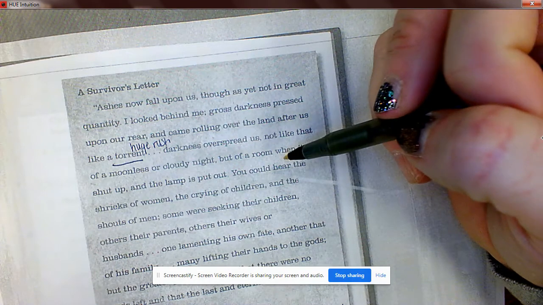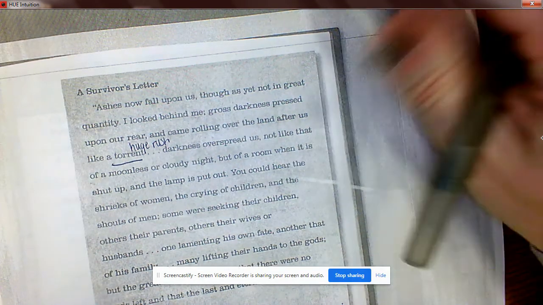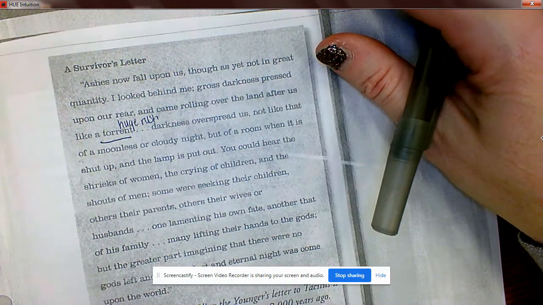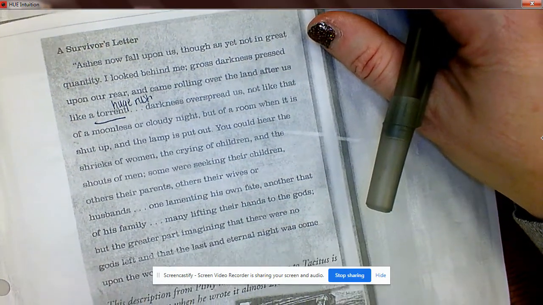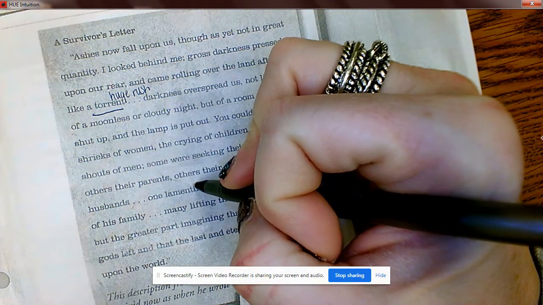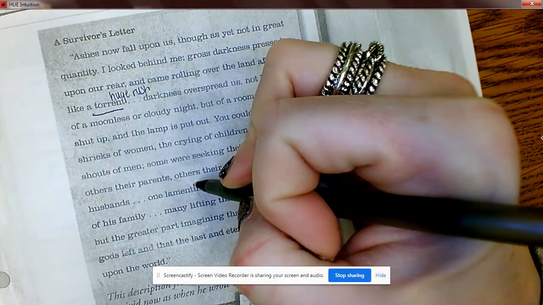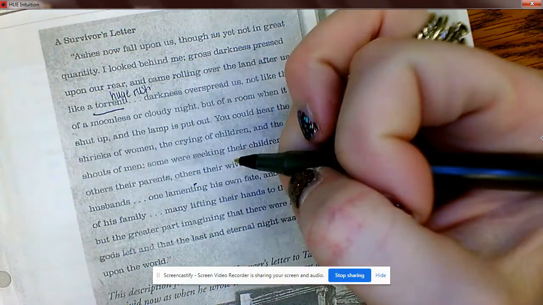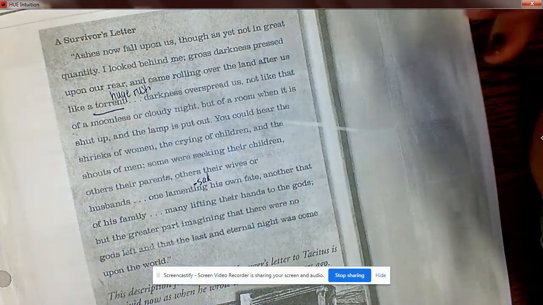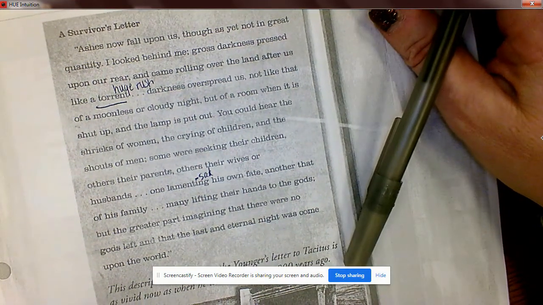You could hear the shrieks of women, the crying of children, and the shouts of men. Some were seeking their children, others their parents, others their wives or husbands, one lamenting his own fate. And I know if you lament, you are sad. So I know that they're like just not in a good place.